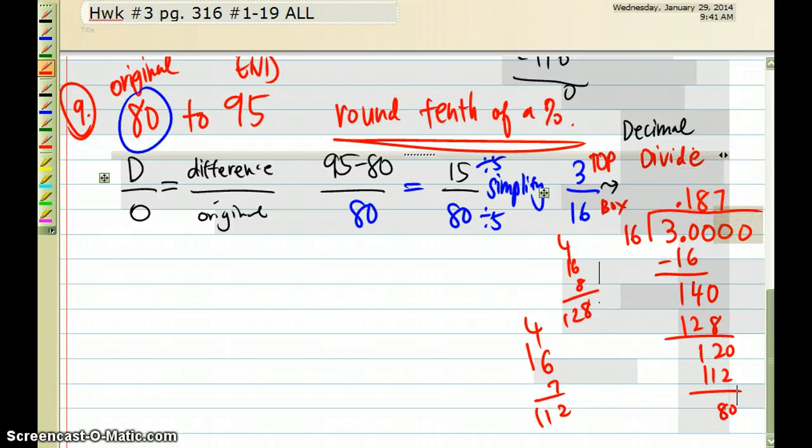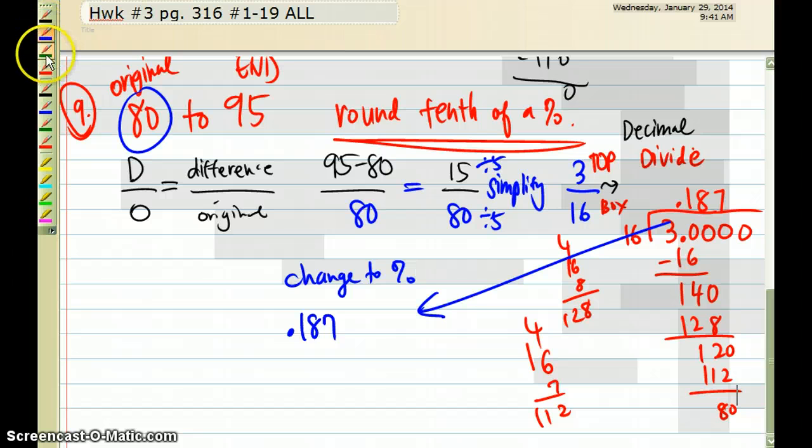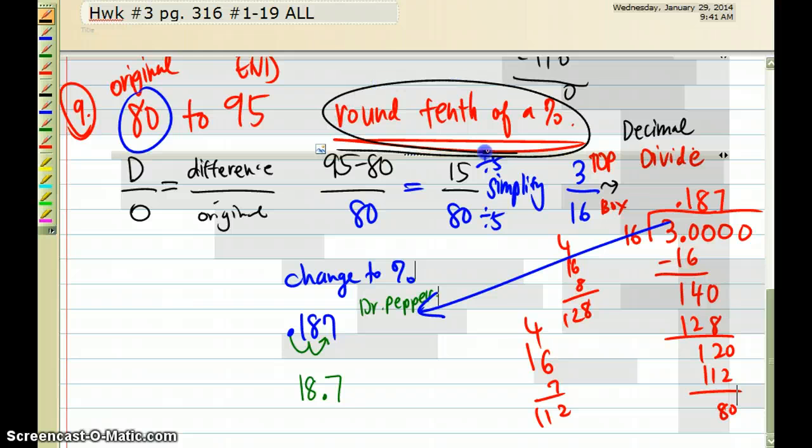When I take this decimal, now that I have a decimal, what I want to do is change it to a percent. Then 0.187, if I were to change it to a percent, I would do Dr. Pepper and move the decimal twice to the right, 1, 2, so it would end up between the 8 and the 7. Now, I'm supposed to be rounding to the tenth of a percent.